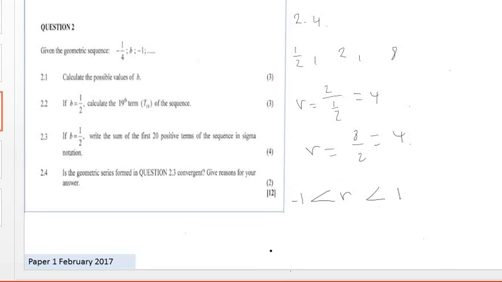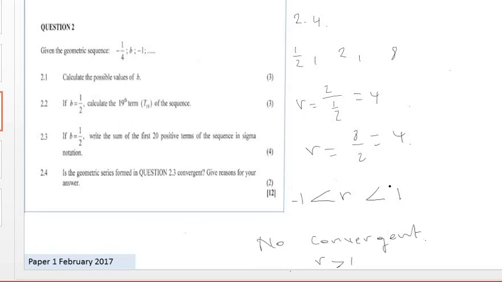So we are going to say that the geometric series is not convergent, since r is greater than 1.